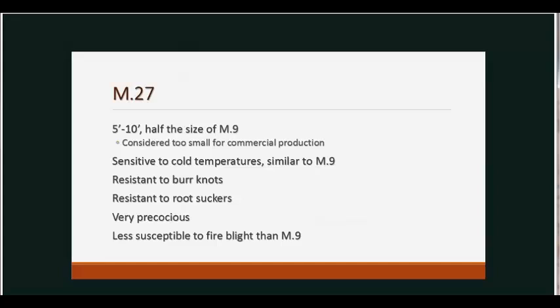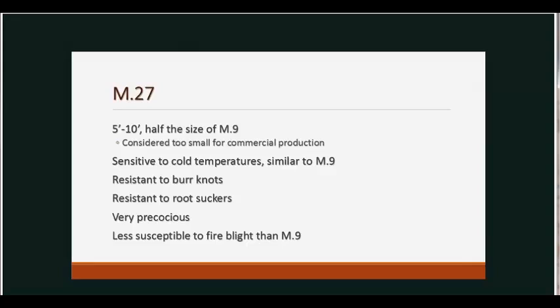It is resistant to burr knots, and I'm going to have a slide to show you burr knots in a little bit, a little more detail on that, so just keep in mind that this is resistant. Resistant to root suckers, very precocious. So this means that anytime we're seeing a very precocious rootstock, you need to step in and make sure that you control cropping for probably the first 2 years, because you don't want to runt the tree out any more than necessary.